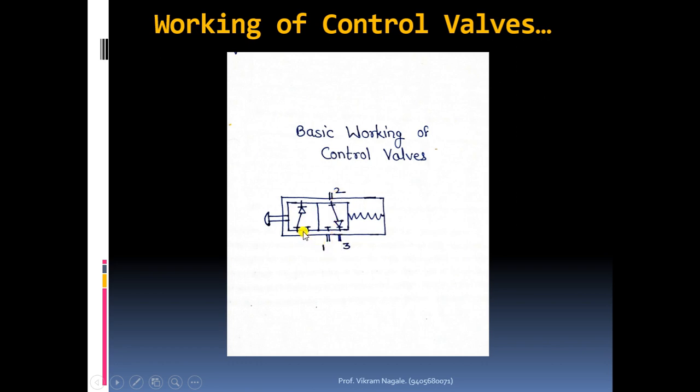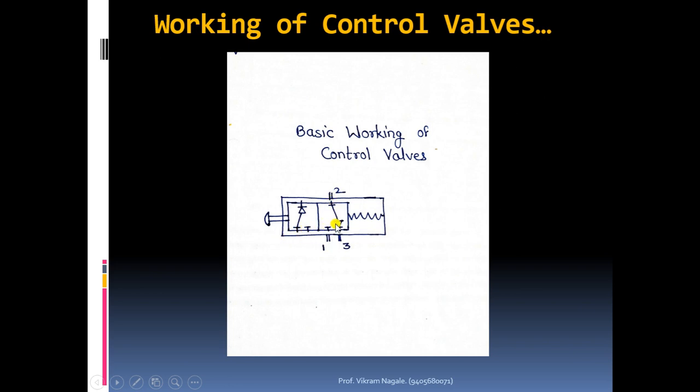Okay, so in that case the left side block will be in active condition and the right side block will be in inactive condition. The meaning is, the air which is coming at port 1, in case the right side block is in active condition, is not going to port number 2 because port 1 is not connected to port 2.